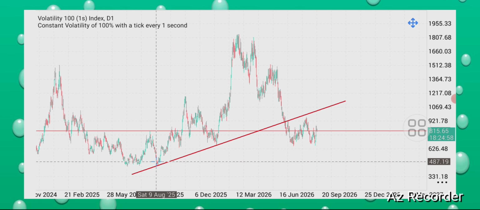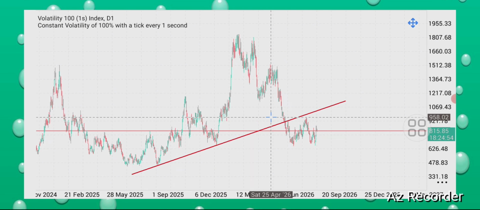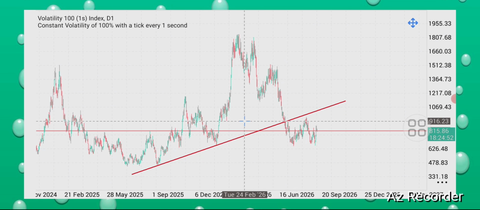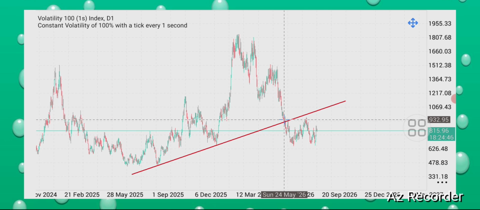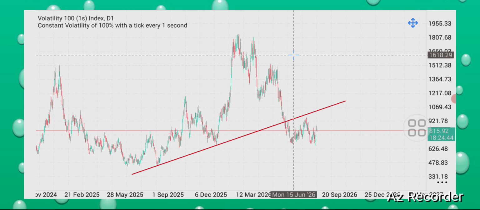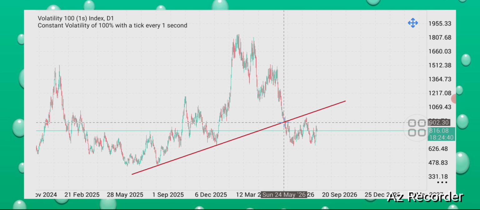From here, this is a support, this is another support, this is another support. But from here we can see the market has been moving up, up, up, and maybe from here the market was supposed to move up, but the trend got broken, and it was retested.